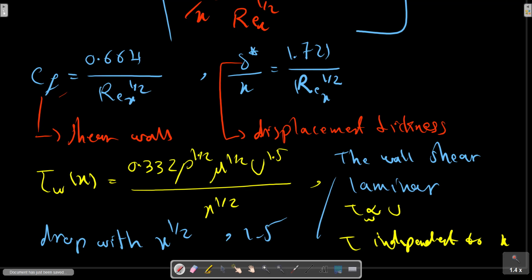If the wall shear stress tau_w(x) is substituted into the equation of the drag force, we have this equation for drag.